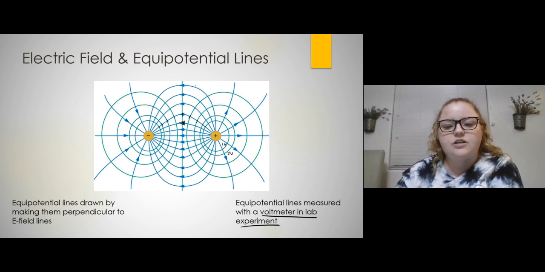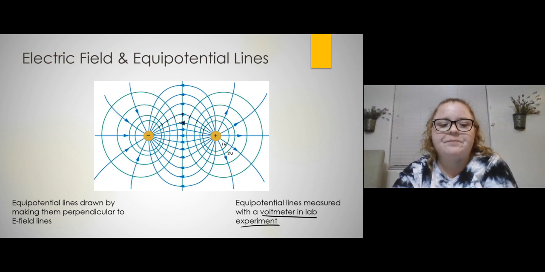You would go around and check where that next 1 volt is, where it crosses on, say, this electric field line here, and so forth. This is how you eventually get that pattern of circles. They look like circles, or some kind of ellipses.